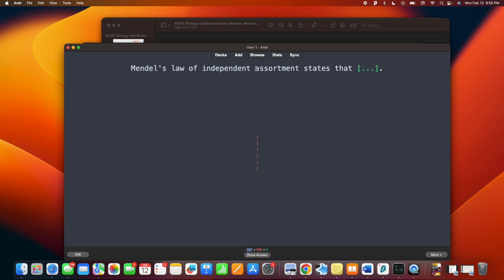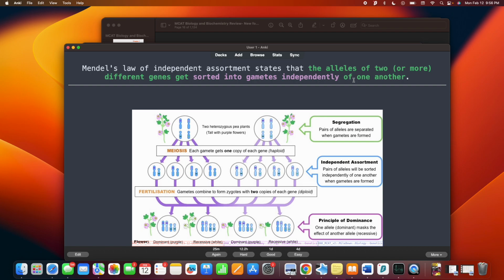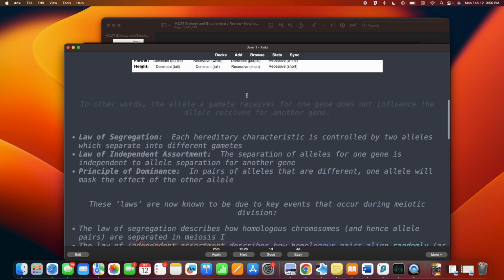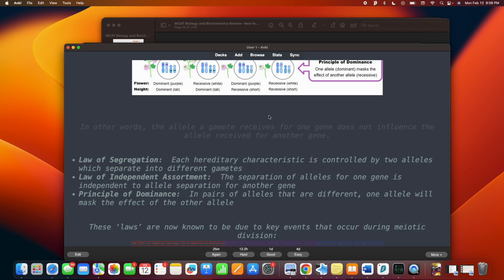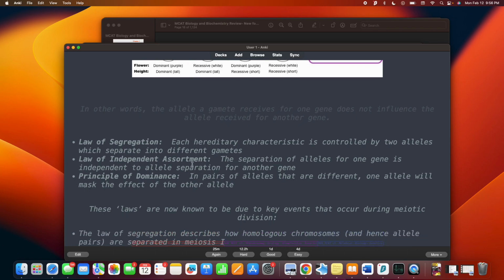So independent assortment is the chance that the alleles of two or more different genes get sorted into gametes independently of one another. So yeah, the odds of the genes being sorted into gametes is independent of another, right? In other words, the allele a gamete receives for one gene does not influence the allele received for another gene. That's the independent assortment law.